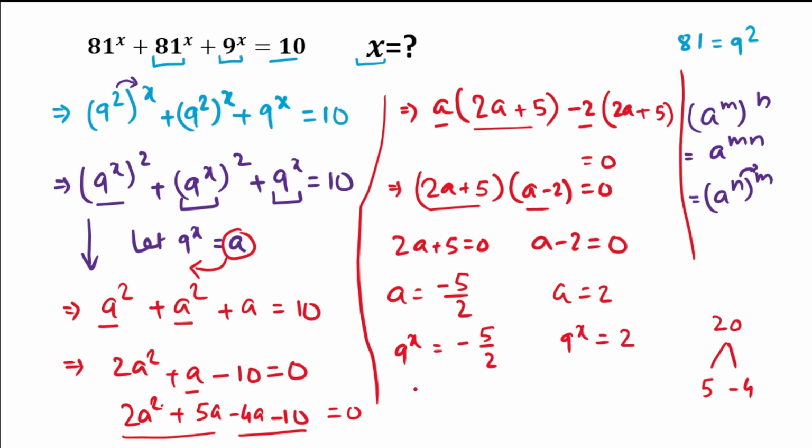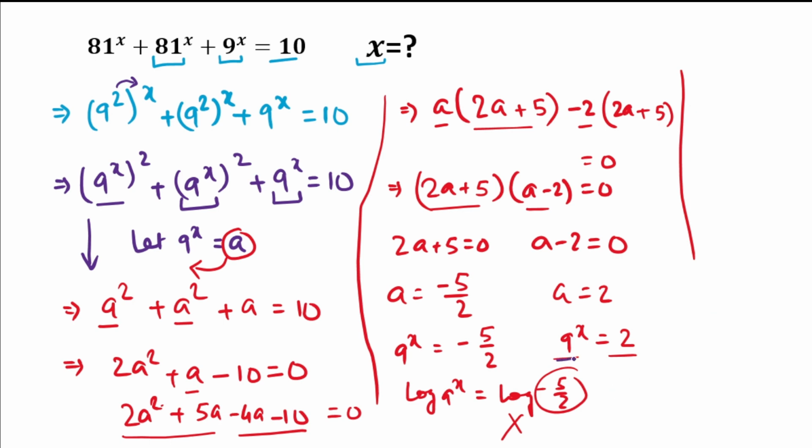Now for further solutions we'll take log both sides. So log 9 raised to the power x is equal to log negative 5 by 2. The logarithm of a negative value is undefined, so we cannot take this value. So we'll take this other value for the calculation of x. We'll take log for this value also. So log 9 raised to the power x is equal to log 2 on the right hand side.